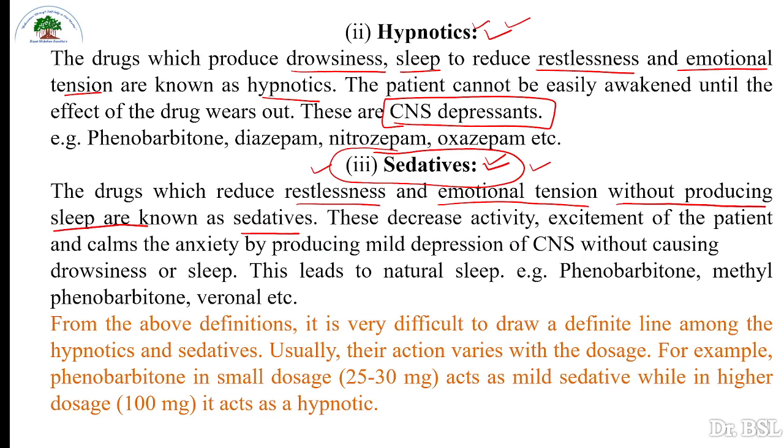These decrease activity, excitement of the patient and calm the anxiety by producing mild depression of CNS without causing drowsiness or sleep. This leads to natural sleep, that is phenobarbital, methyl phenobarbital, veronal, etc. From the above definition, it is difficult to draw a definite line between hypnotics and sedatives.